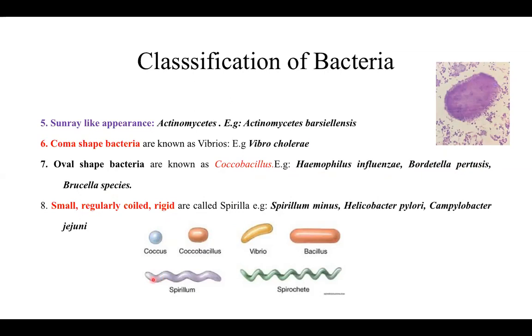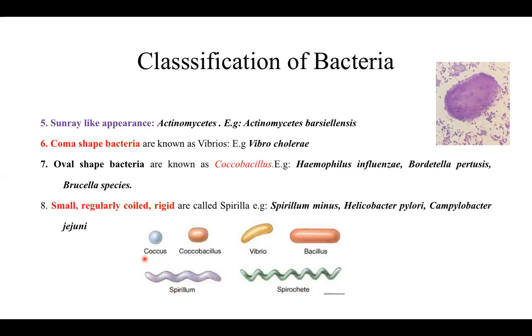Some bacteria are long and thin and coiled, but the distance between the coils is not regular. Suppose the distance from coil 1 to 2 is 1 micrometer, but from 2 to 3 it is around 3 micrometers. Coiled like spirochetes, but the distance is not equal.